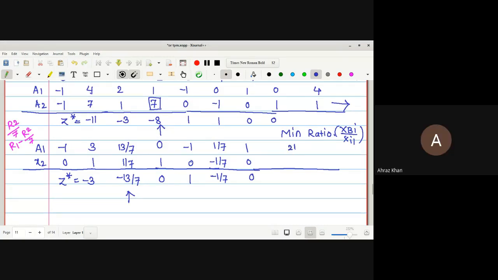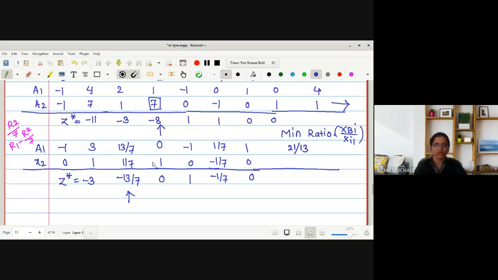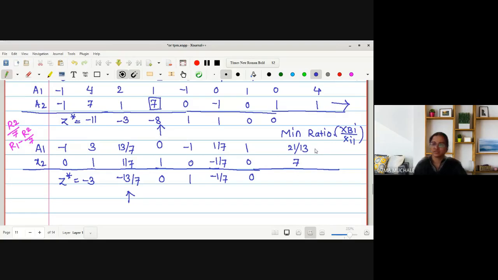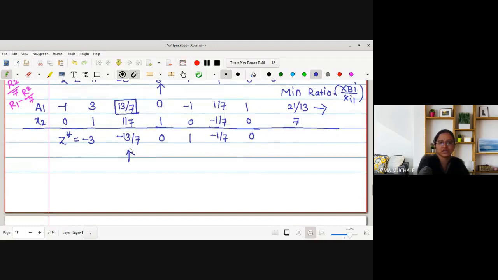Yes, ma'am. 21 upon 13. And how much is this value? 7. Is it 7? Yes, ma'am. Surely this one will be the minimum. So this is going to leave the basis. Therefore, pivot is 13 by 7. Pivot entry is 13 by 7.